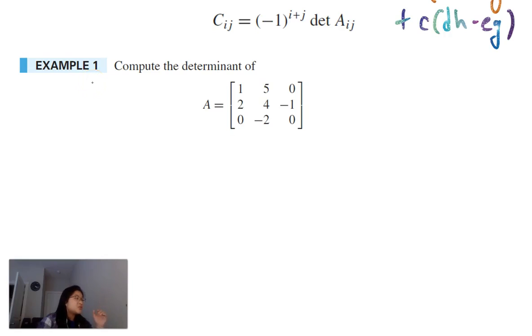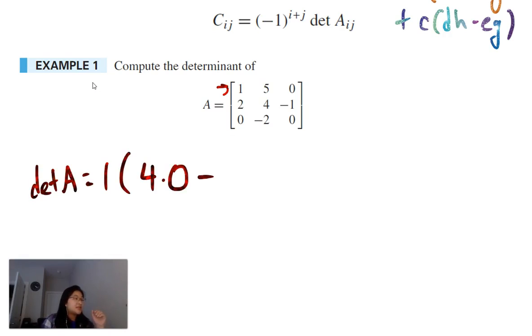How would we compute the determinant of this matrix, which is a 3x3, but we also conveniently have some zeros? That'll be nice, because 0 times anything is going to give us 0. So we can just go across, that is one option. So our determinant of A is 1 times 4 times 0 minus negative 1 times negative 2.